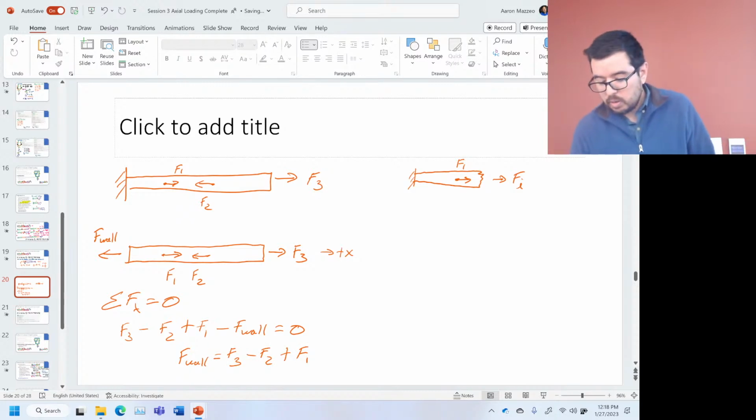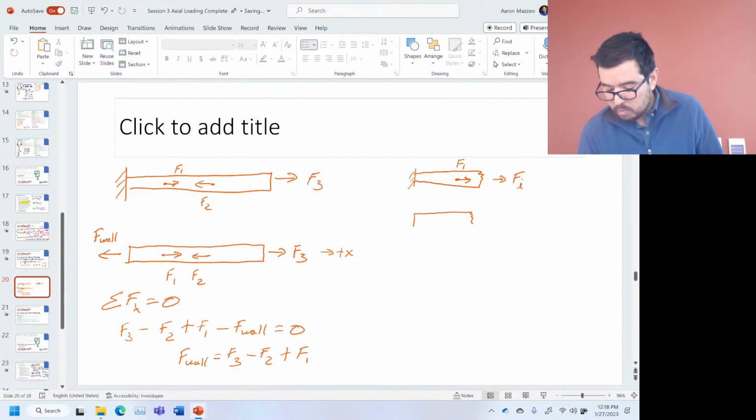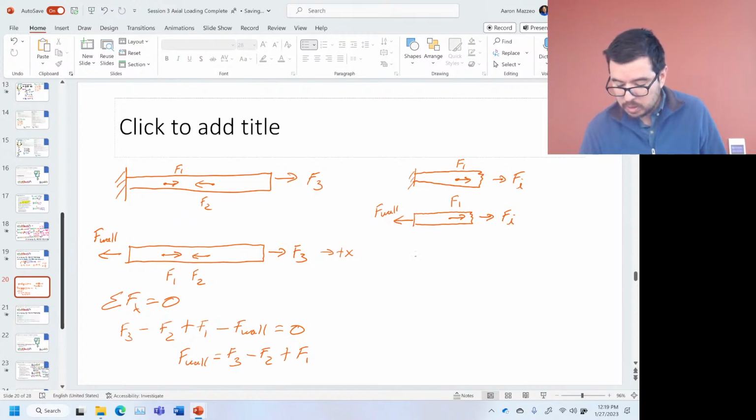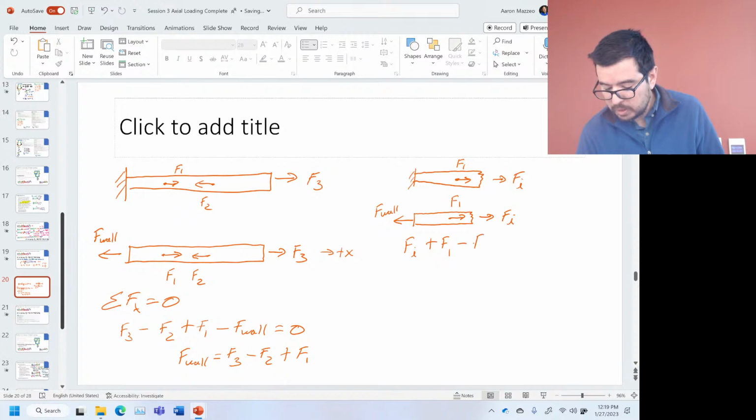Now when I look at my cut, let's do it nicely. Fi plus F1 minus F wall equals 0.